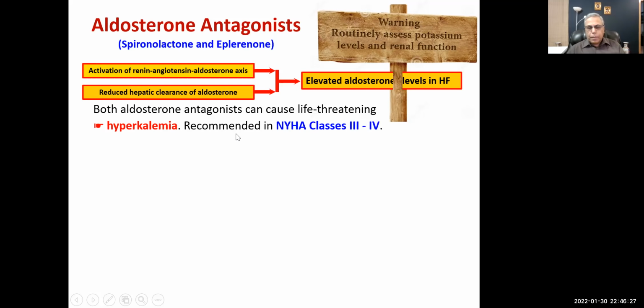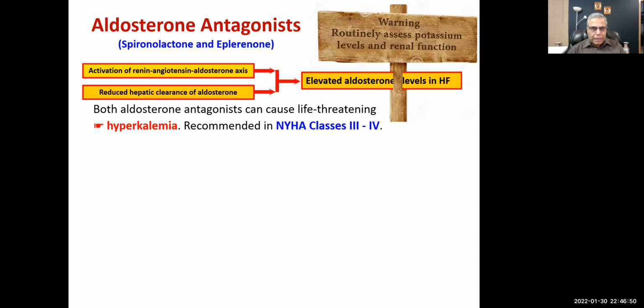Because aldosterone, anybody remembers the action of aldosterone? What does aldosterone do in the body? Any ideas? It is a mineralocorticoid. What does it do? Right, aldosterone retains sodium and water in the body.